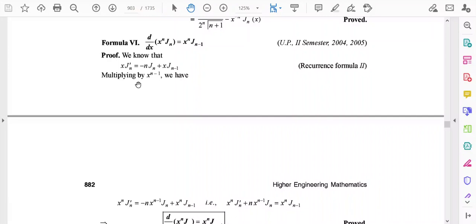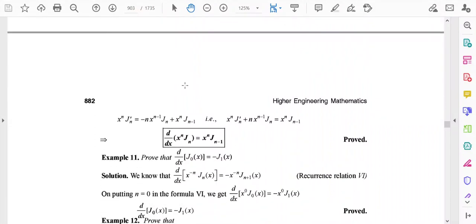Now we are multiplying by x to the power n minus 1 on both sides. So after multiplication we obtain x to the power n J n prime is equal to minus n x to the power n minus 1 J n plus x to the power n J n minus 1. After rearranging, we write x to the power n J n prime plus n x to the power n minus 1 J n is equal to x to the power n J n minus 1.